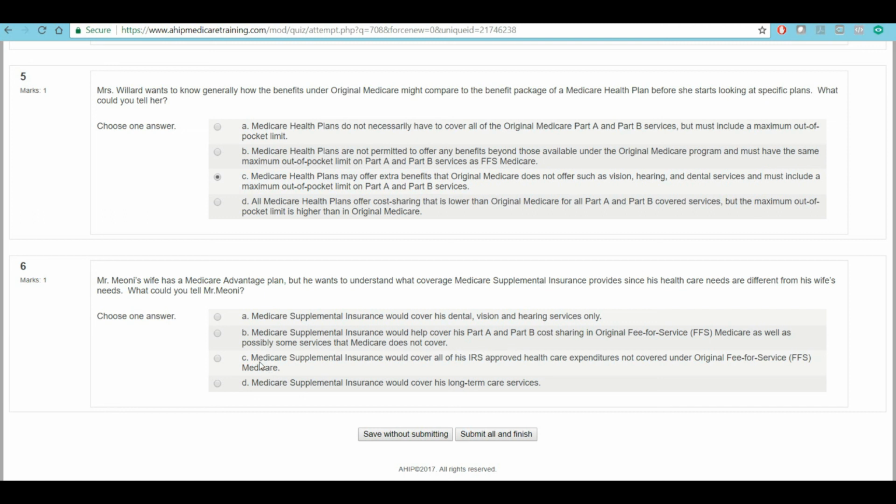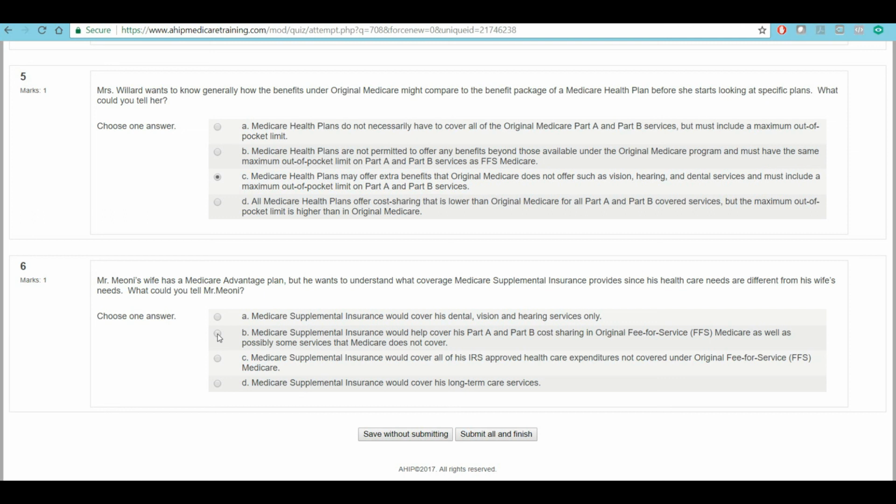The third one, C, Medicare supplement insurance would cover all the IRS approved. Absolutely not. Medicare supplement insurance would cover his long-term care services. So I'm saying that Medicare supplement insurance would help cover his A and B cost sharing. That's right. Supplement pays for the A and B copays and deductibles in fee-for-service Medicare, as well as possibly some services that Medicare does not cover.